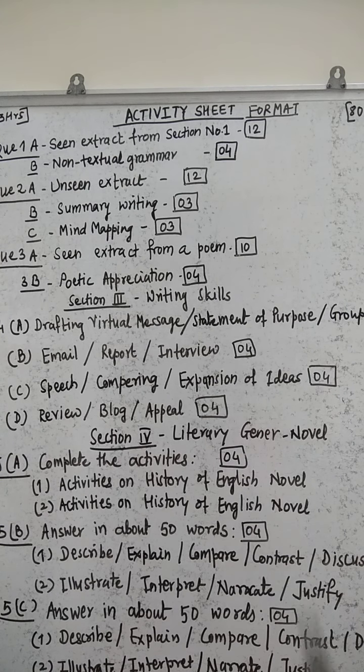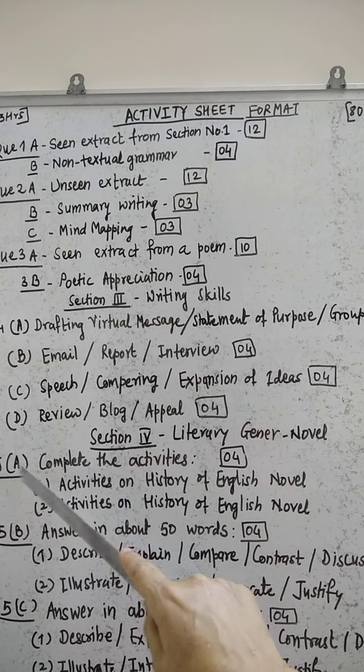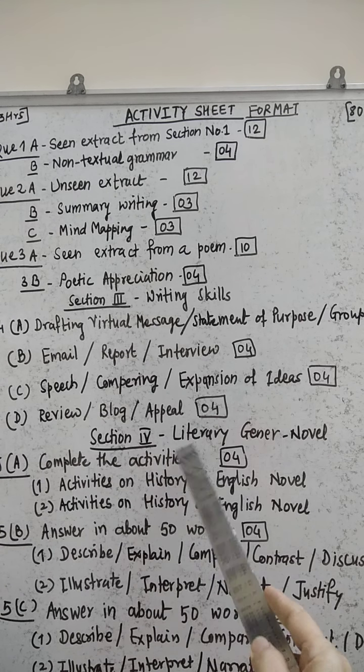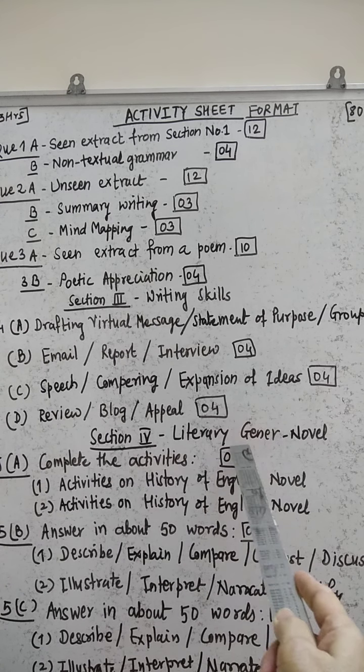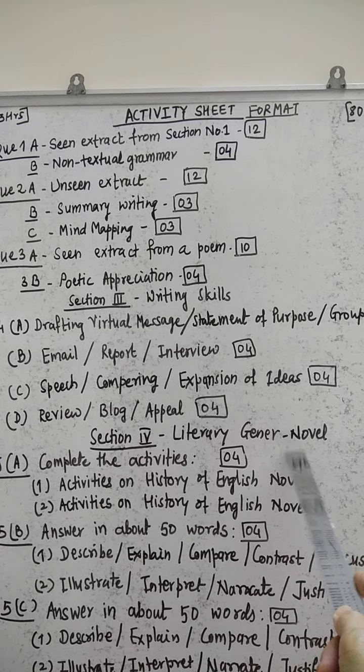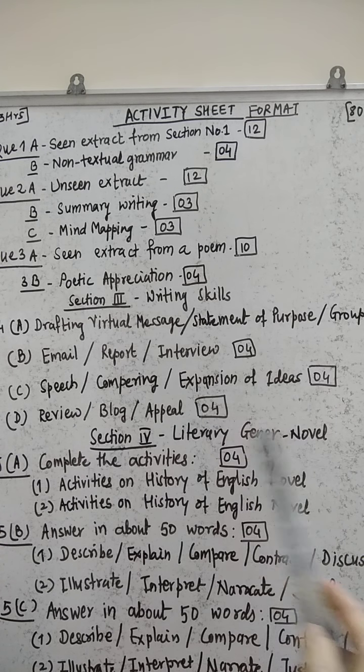Just like question number 4, here also you are going to get 5 different sub questions, and every sub question is going to deal with the literary genre novel with a different style, with a different aspect.